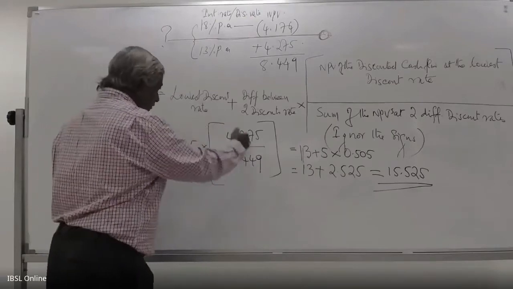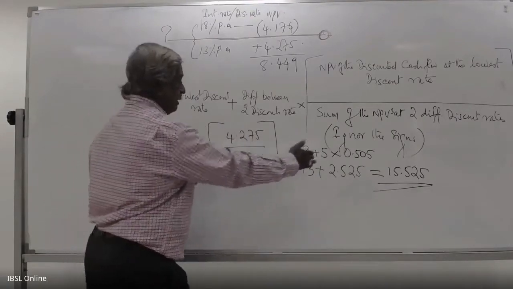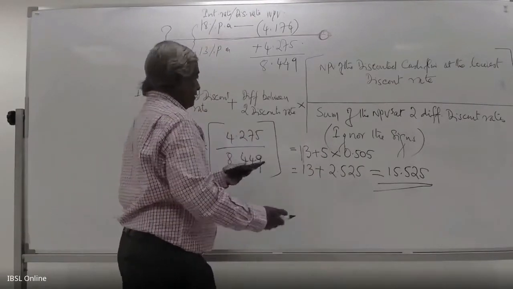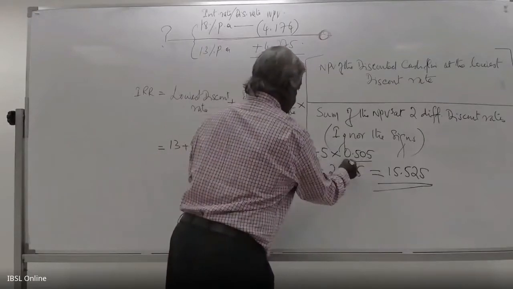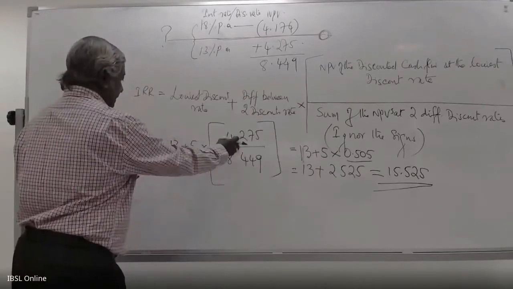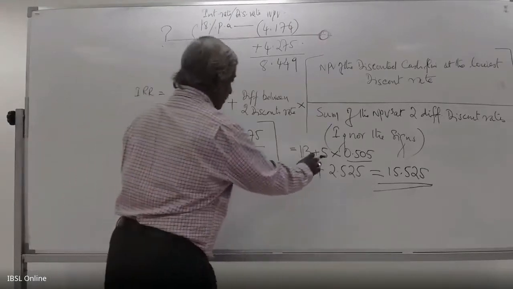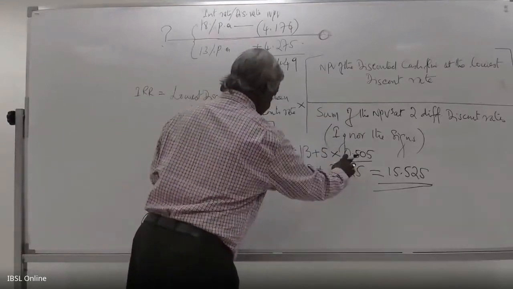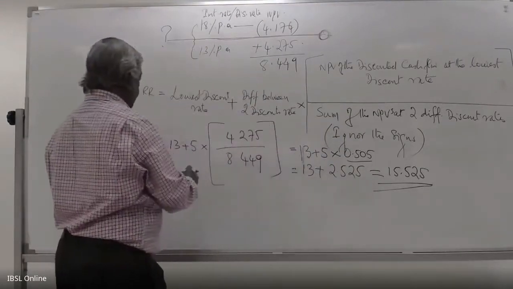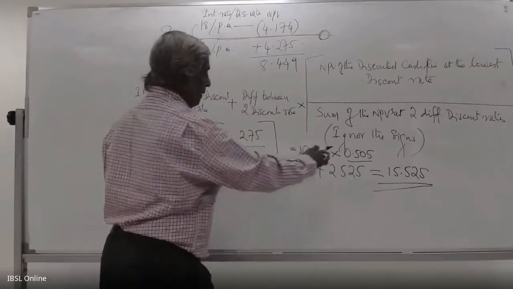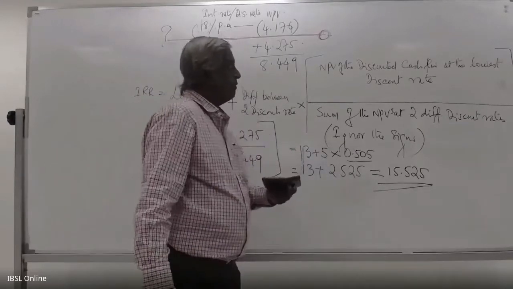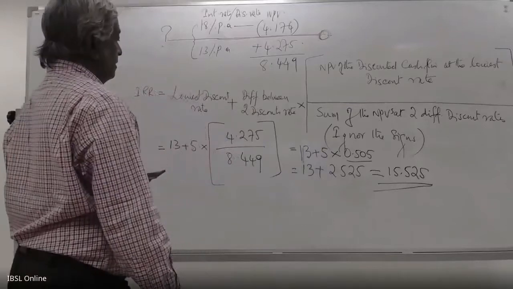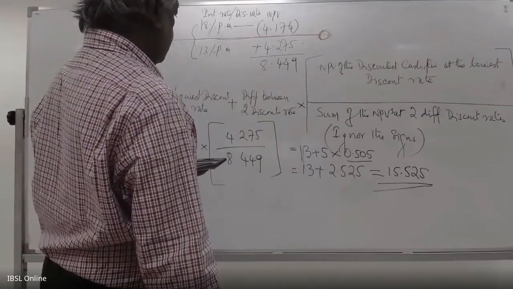First you solve within the bracket. We got 0.505. Then multiply that by 5, and you get 2.525. Then add 13. The answer is 15.525.